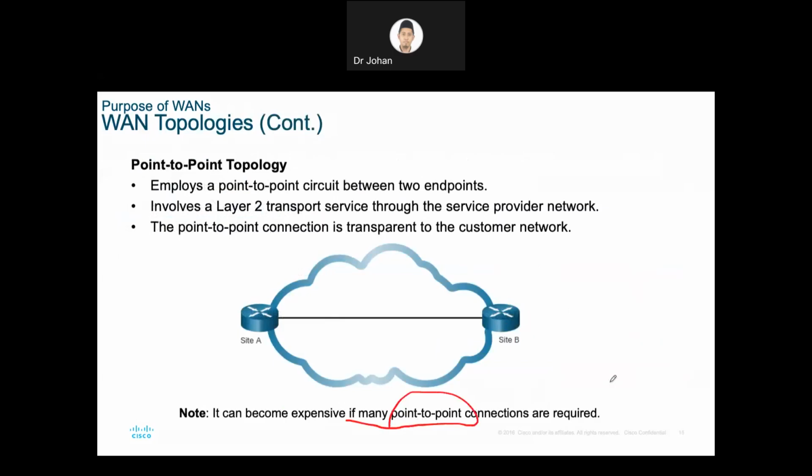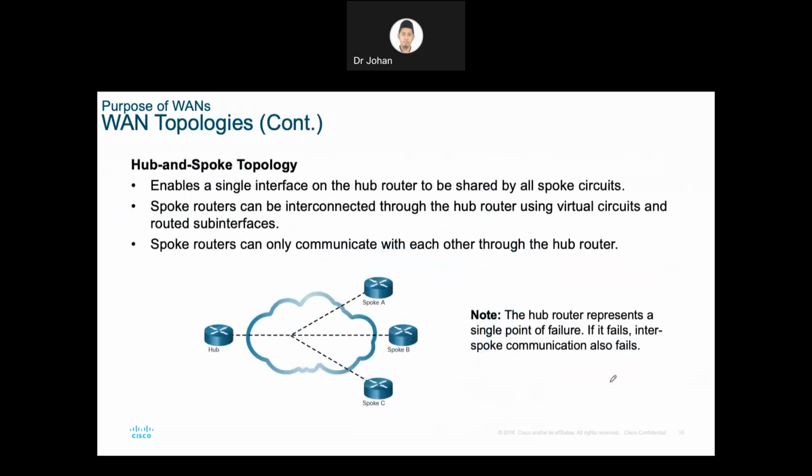Hub and spoke topology enables a single interface on the hub router to be shared by all spoke circuits. Spoke routers can be interconnected through the hub router using virtual circuits and router subinterfaces. Spoke routers can only communicate with each other through the hub router.